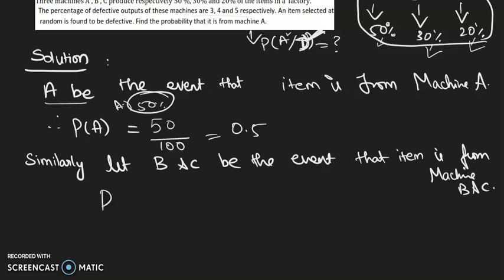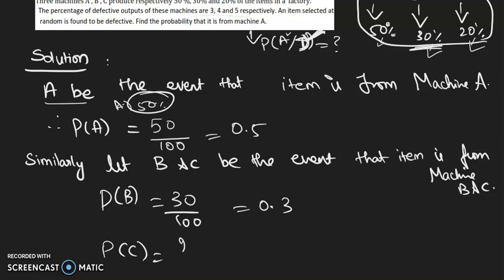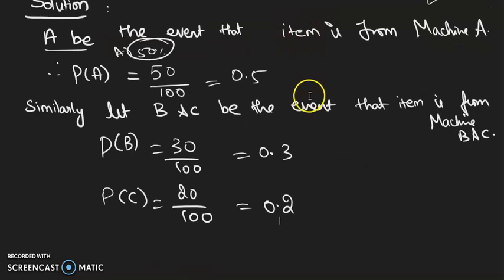Similarly for B, they have given 30%, so P of B is 30 by 100, which is 0.3. Similarly, P of C is 20 by 100, that is 0.2. So we have got all these three values: the probability that the item is from machine A is 0.5, from B is 0.3 and from C is 0.2.